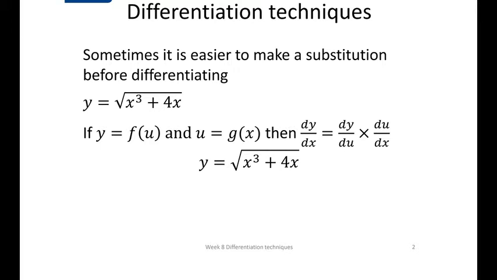sometimes it makes it easier if we actually do a substitution first. We would in any case need to rewrite the function as y equals x cubed plus 4x, to the power of a half, before we do anything.